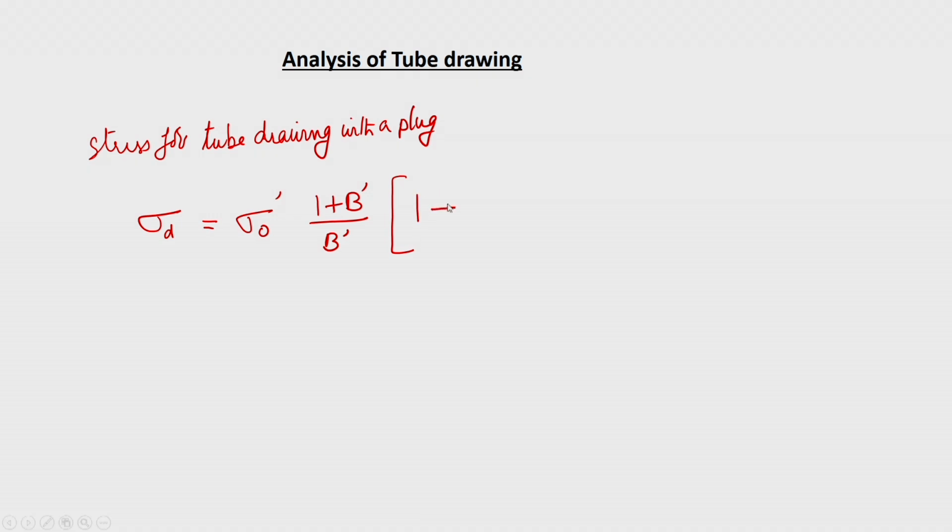There are 2 things which are happening in a plug. In a plug, there are 2 interfaces coming. The interface between your die and the workpiece material, the tube material. Second is the interface between the tube material and the plug. These 2 are coming, so you have to compensate for this thing.